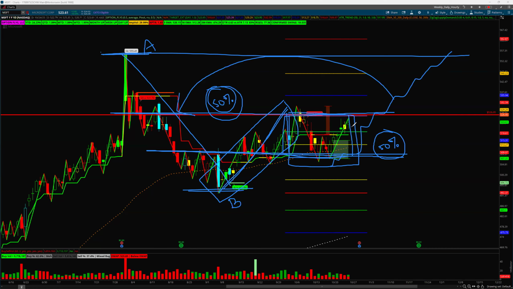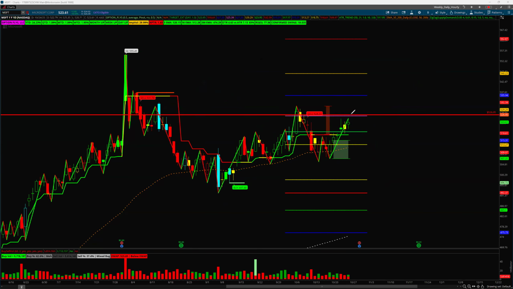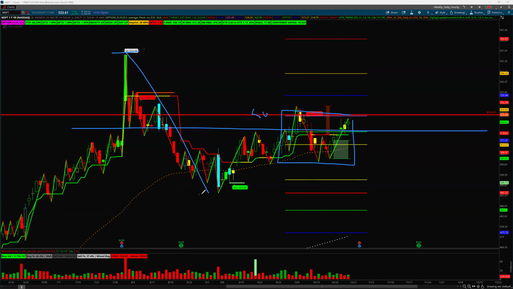And now what can happen, like this can happen from here to here. Fine, we just don't know. So your trade structure is 50 from here to here and 50 from here to here.